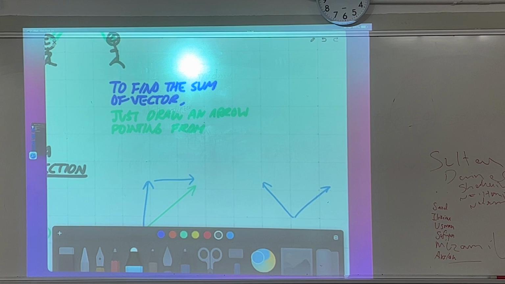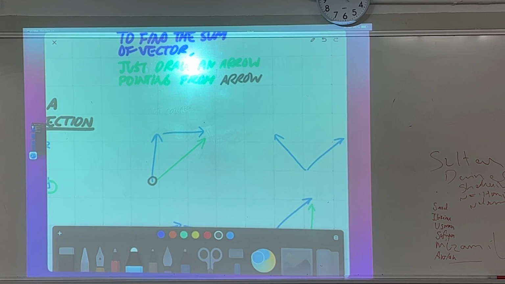So you call this the arrow tail. This is the arrow tail of one vector pointing to the arrowhead of the second vector.